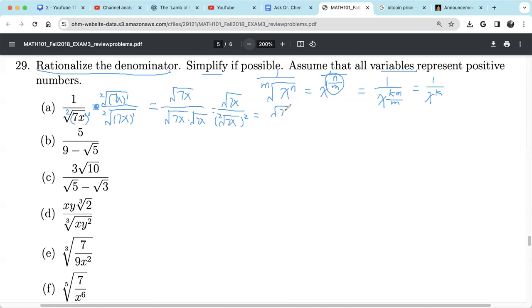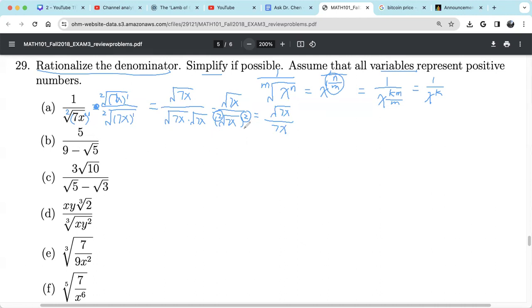So the numerator is the square root of 7x, but the denominator now is 7x, right? So we have made the exponent the same as the index. In this case, the exponent is 2, the index is 2. So we want to at least match up with the index.